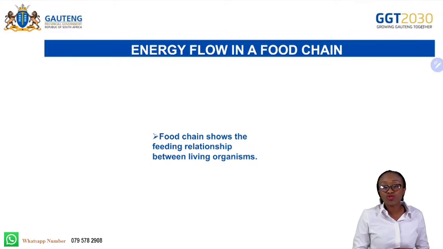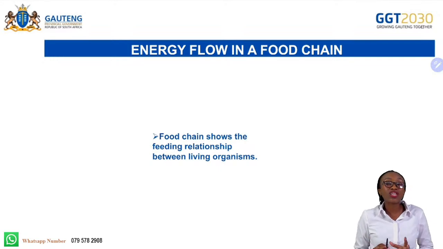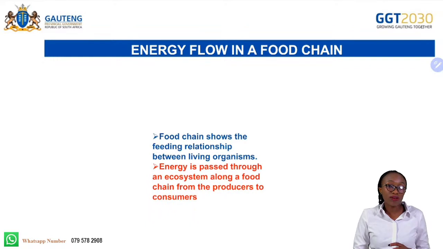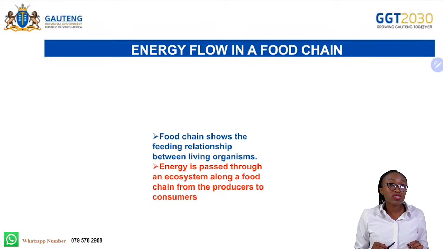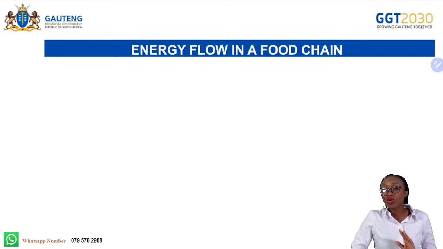Those are your heterotrophs, the consumers. So the food chain shows us what that feeding relationship in that particular environment looks like. So energy is passed through an ecosystem along what is called a food chain, from the producers all the way to the consumers.